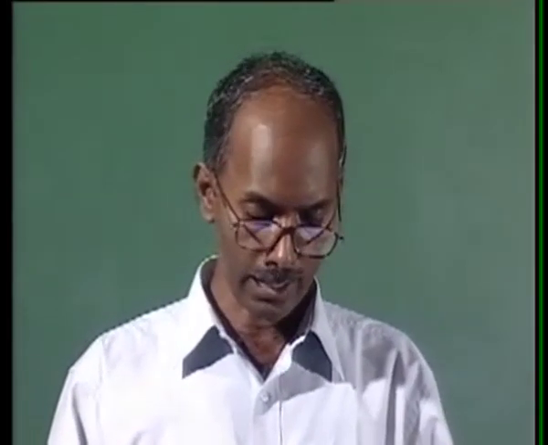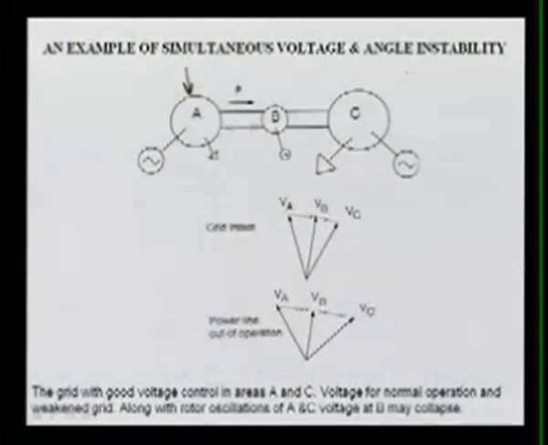There is another system, B, connected with the tie lines. This system is very small, this one is very large, with enough reactive power support Q; here also they have enough QC, here QB. So power is transmitted from A to C via B.